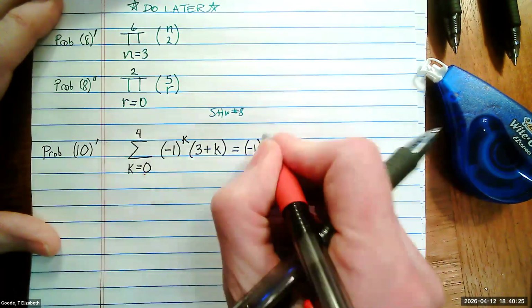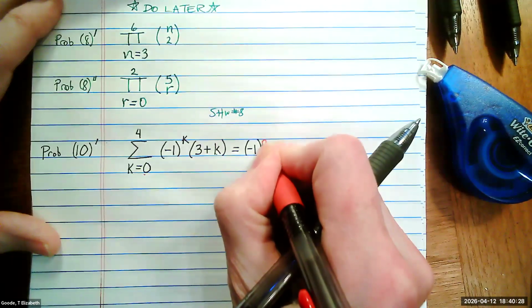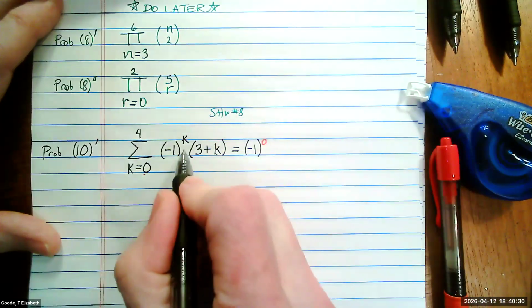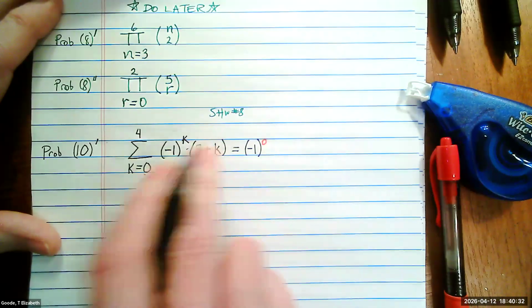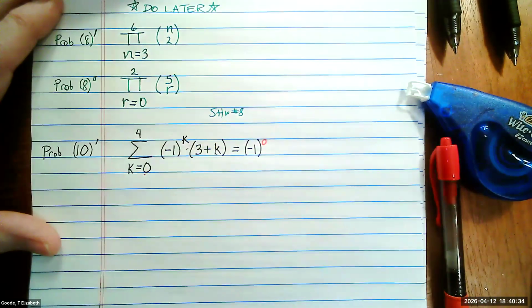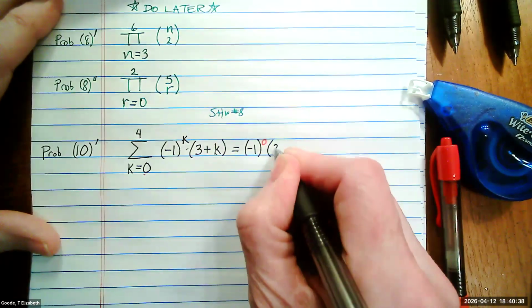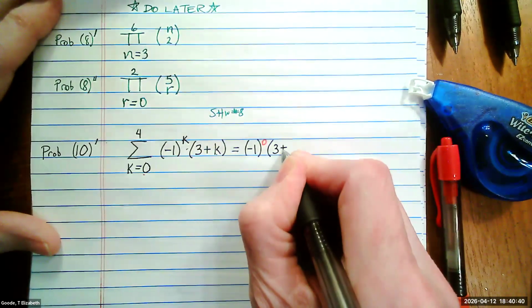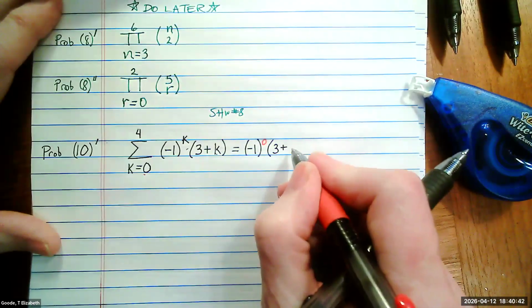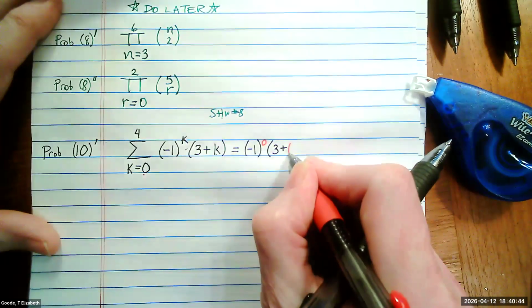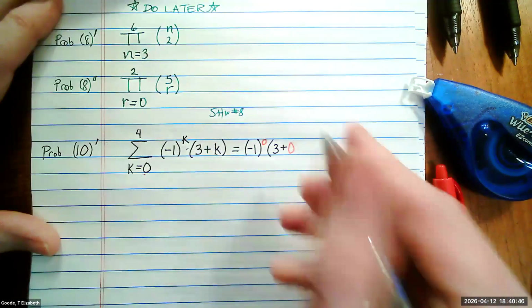Sorry, raised to 0. Right. Times, this is a times, because when they're right next to each other, it means we're multiplying, but we don't have to put the times symbol. Times 3 plus what? Times 3 plus 0. Good. That's our first term.